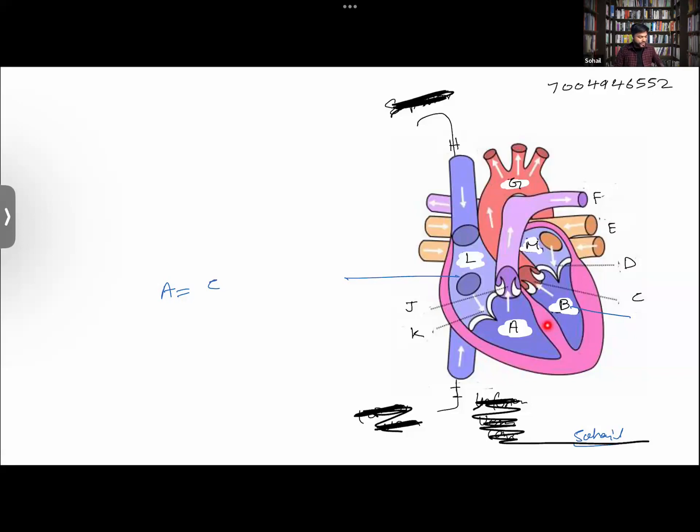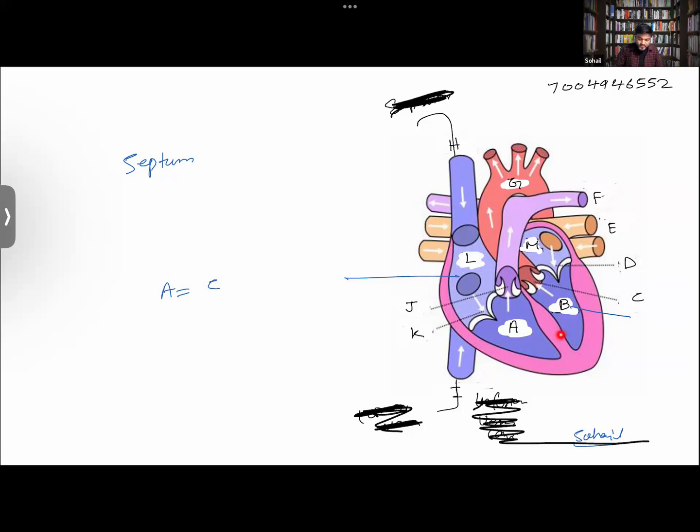The left and the right chambers of the human heart are separated from each other by a tissue. What do we call that tissue? Did I not tell you about the septum? Yes, the septum separates the left and the right portion of the human heart.